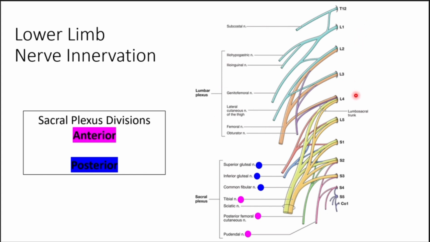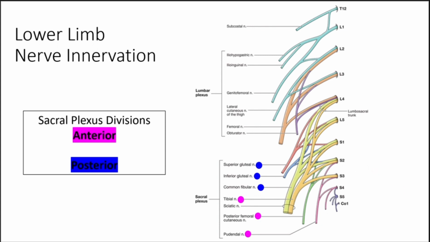It provides motor and sensory contributions to the anterior and medial compartments of the leg, as well as to the abdominal wall and pelvic areas. The sacral plexus, ventral primary rami L4 to S4, innervates the posterior compartment of the thigh and the entire leg and foot.